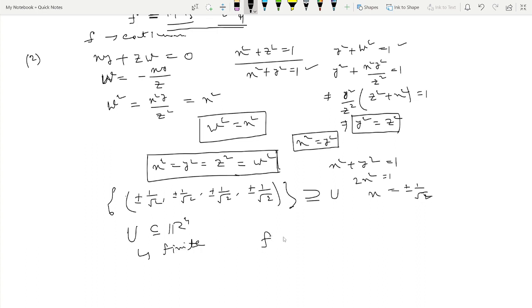So now f is a function from R4 to R, and we have to find whether f is uniformly continuous on U or not.